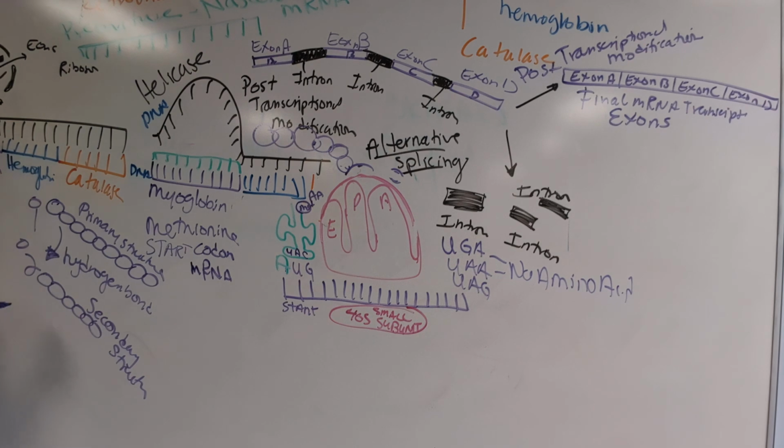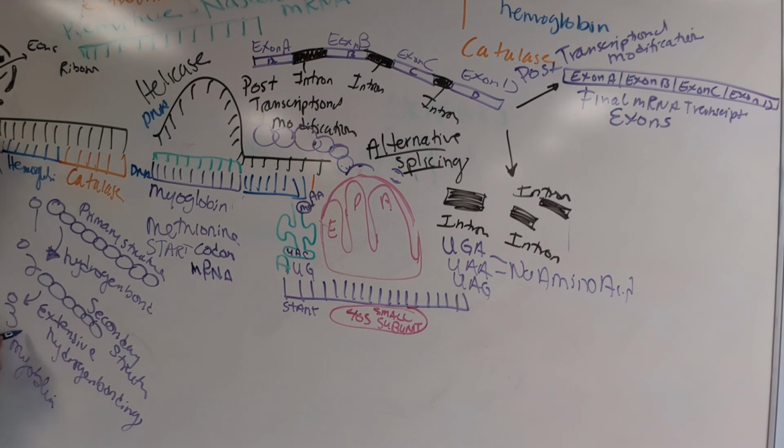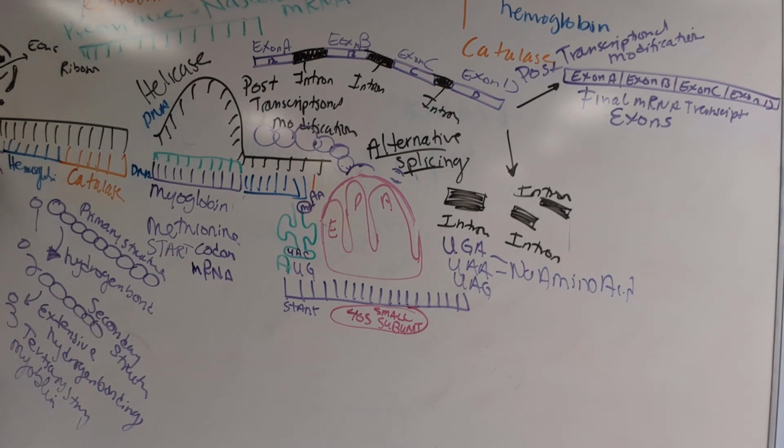And to go from secondary structure, you're going to need even more extensive hydrogen bonding, and you will get a tertiary structure like myoglobin. Myoglobin is an example of a protein in a tertiary structure. And to go from tertiary structure to quaternary structure, you will need ionic bonding.